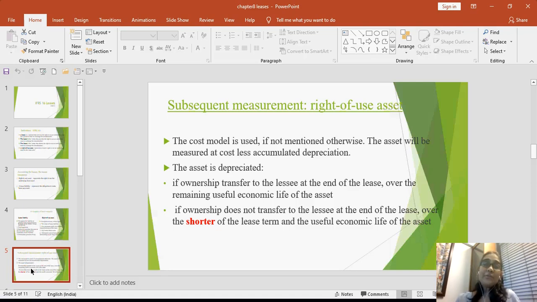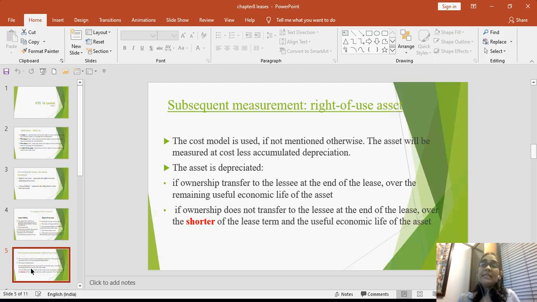So the points to be considered for calculation of depreciation are, first, you would compare the lease term with the economic useful life of the asset. And the second consideration is, is the asset going to be transferred to the lessee at the end of the lease term?